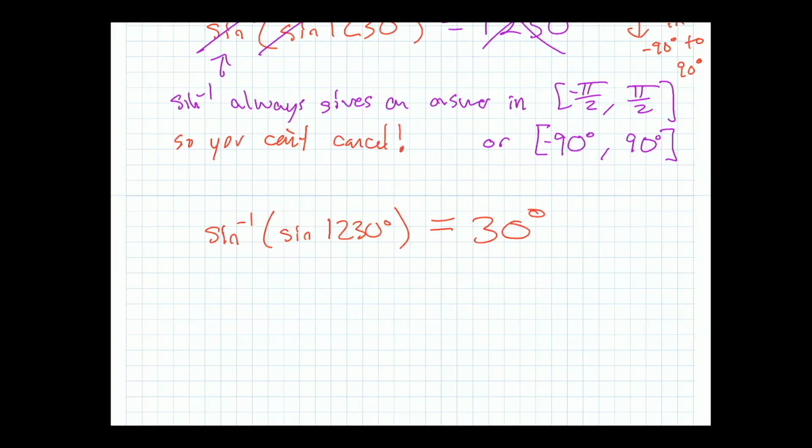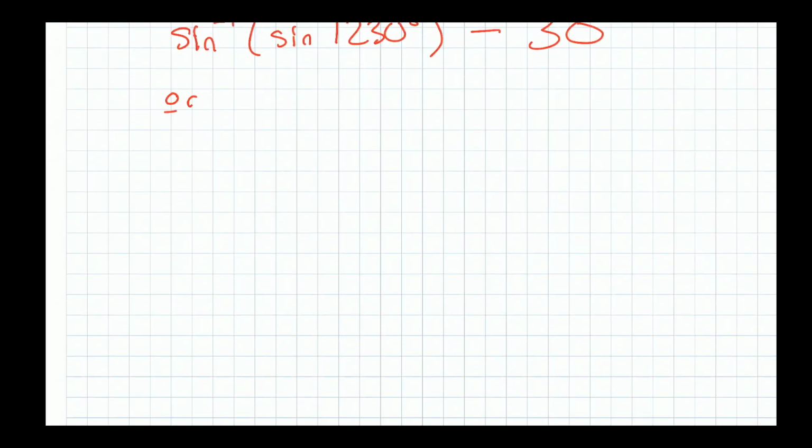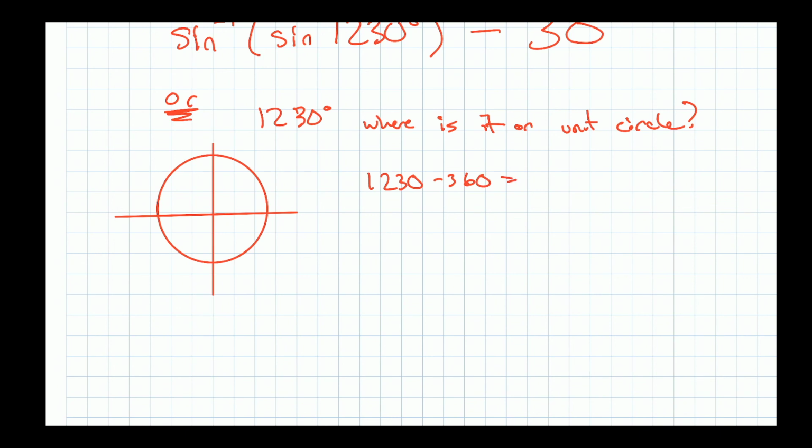Now, if you do want to work it out by hand, remember the other way to do it. You would have to say, well, 1230, where is it on the unit circle? So we're going to have to subtract 360. 1230 minus 360, you get 870.